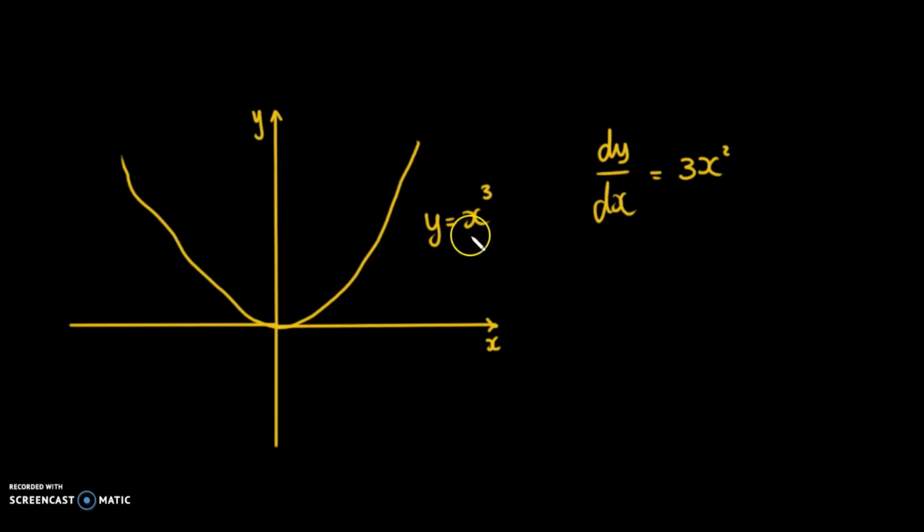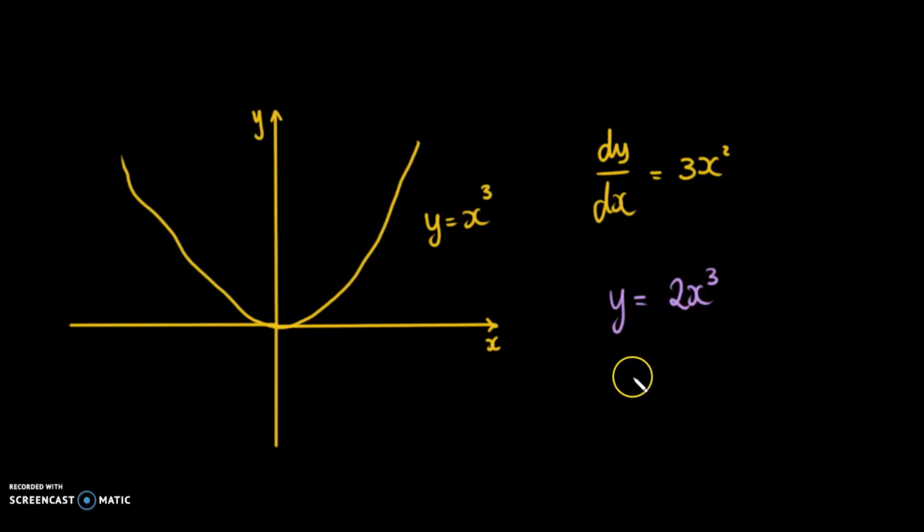Let's try that when there is a number in front. So instead of y equals x cubed, we could have y equals 2x cubed. The rule is exactly the same.